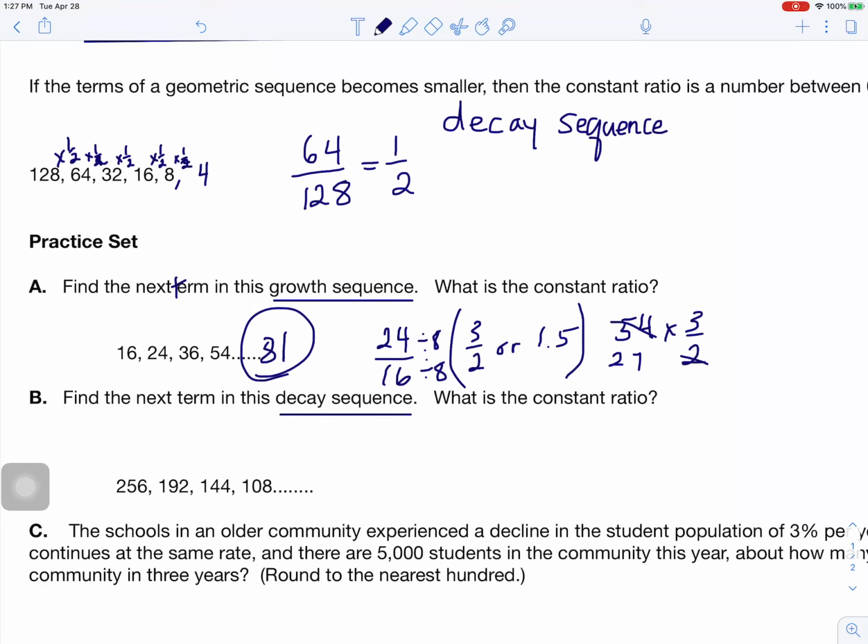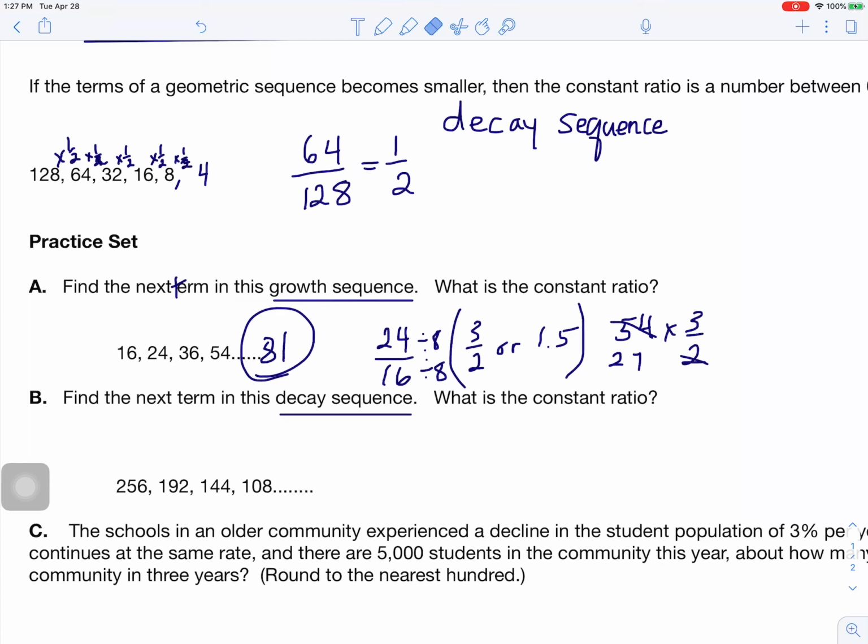So you have your constant as 3 over 2, and your next term as 81. The next one that they talk about is a decay sequence for B. Figure out, if you can, on your own, what that constant is, and then the next term, and hit pause, and I'll finish it with you. Okay, so first we do 192 over 256. That actually may not be the best route.